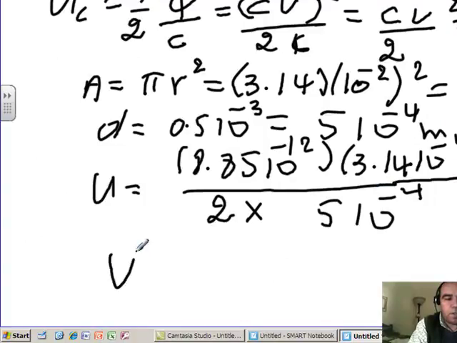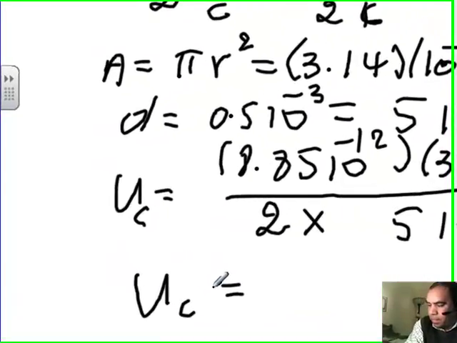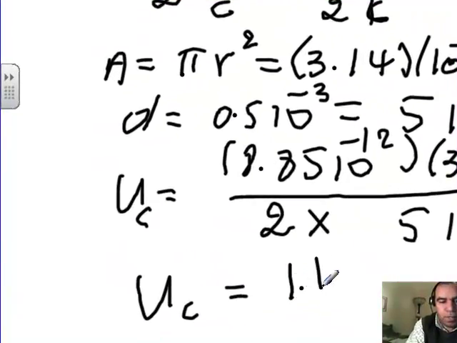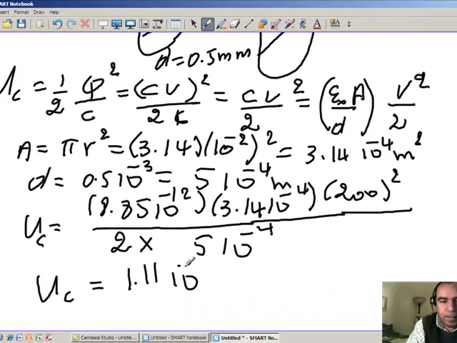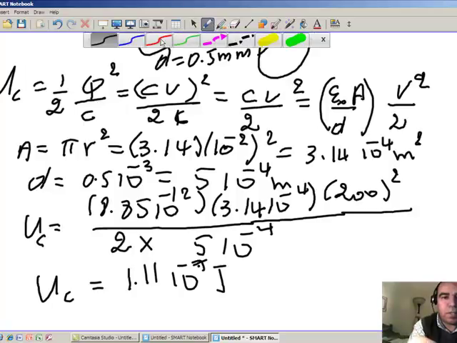So the energy UC, so capacitor, after the math, the energy is 1.11 times 10 to the negative 7 joule. Obviously this is a very small number.